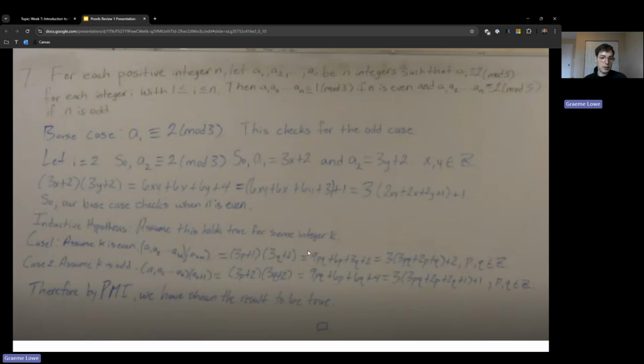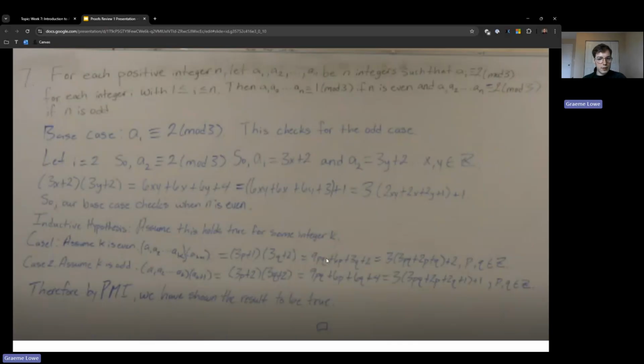So this form is congruent to this form here, 3p plus 1 multiplied by 3q plus 2. And then we're just going to solve this out, and we'll reveal something towards the end here.